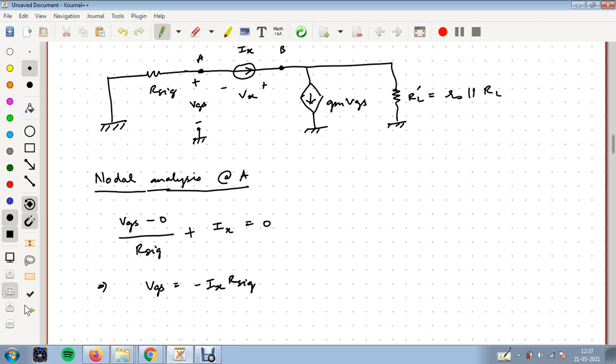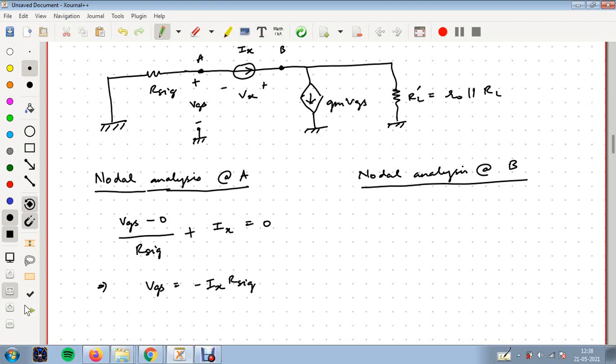Now the same thing at point B, I will take nodal analysis at point B. The voltage seen at point B is actually two voltages: one is Vx and the other one is VGS.